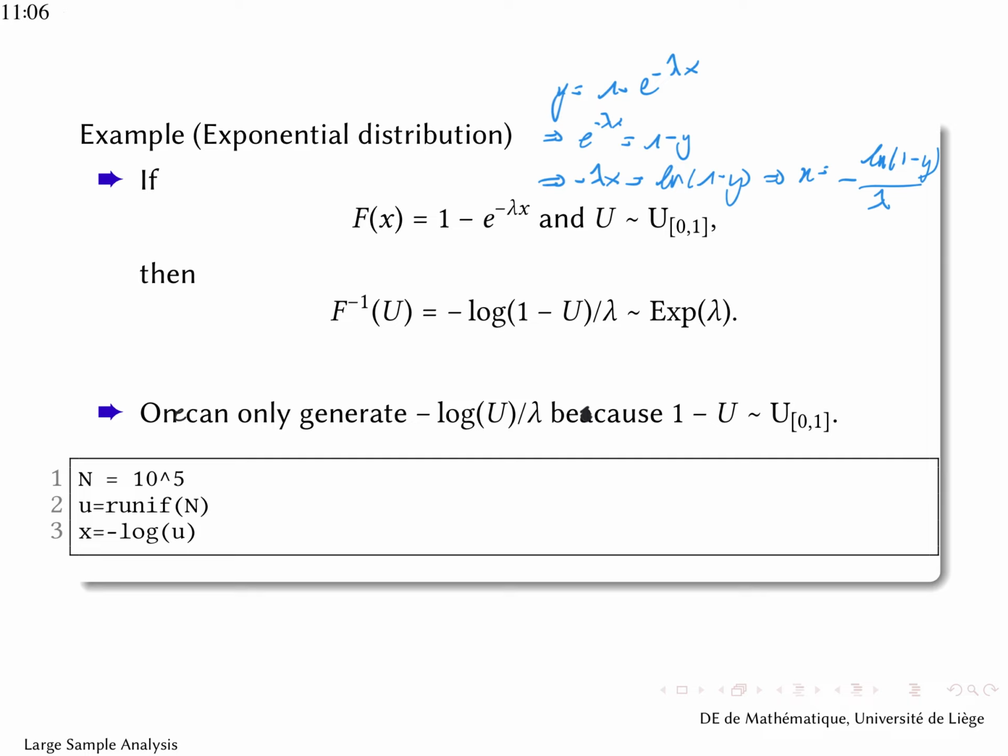We then apply this inverse function to a random variable U, which follows a uniform distribution, and then we know that F^-1(U) follows an exponential distribution.